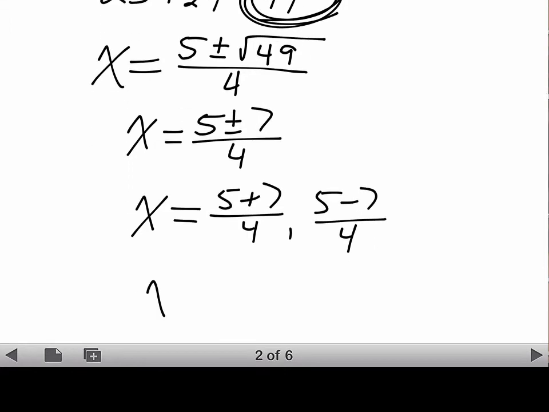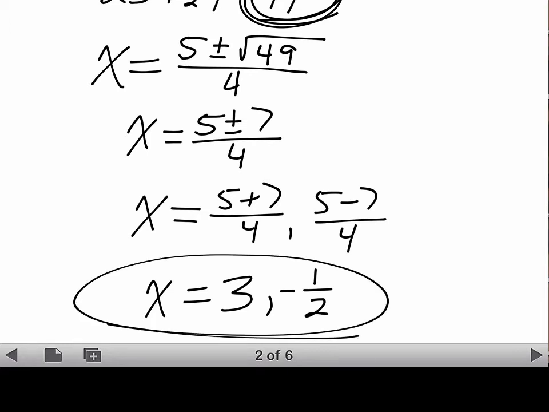Taking each of these in turn, we have 5 plus 7 over 4, well, that's 12 over 4 is 3. 5 minus 7 over 4, negative 2 over 4, reduces to negative 1/2. So x equals 3 or negative 1/2 are the solutions to this quadratic equation.